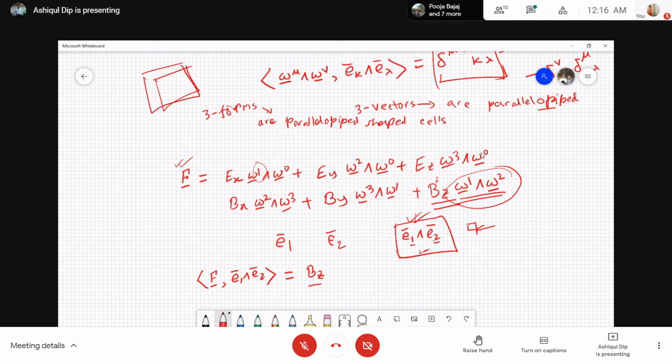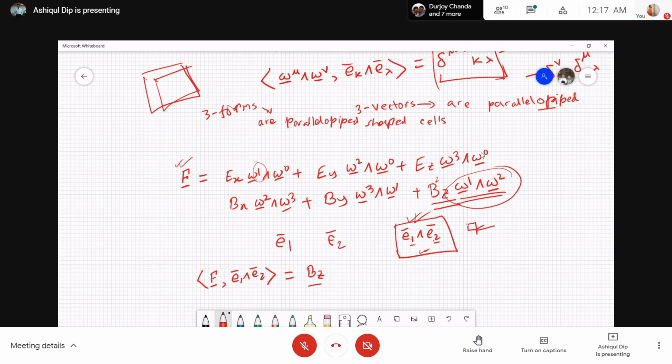So basically F represents some sort of flux, or flux density, like flux per unit area. Magnetic field is basically magnetic flux per unit area, right? That's what it represents.